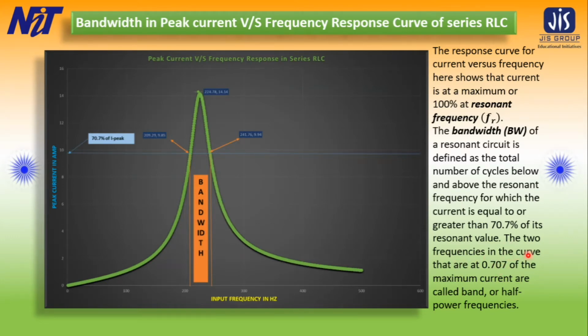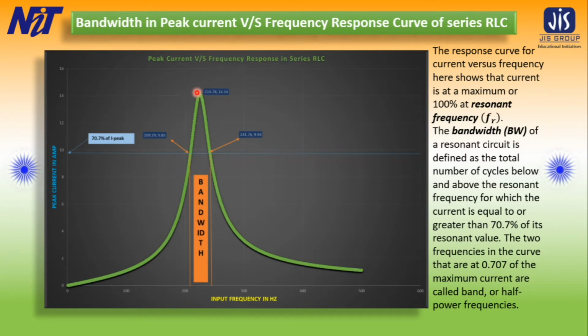The two frequencies at 70.7% of the maximum current are called the band. So the maximum peak current is 14.14.